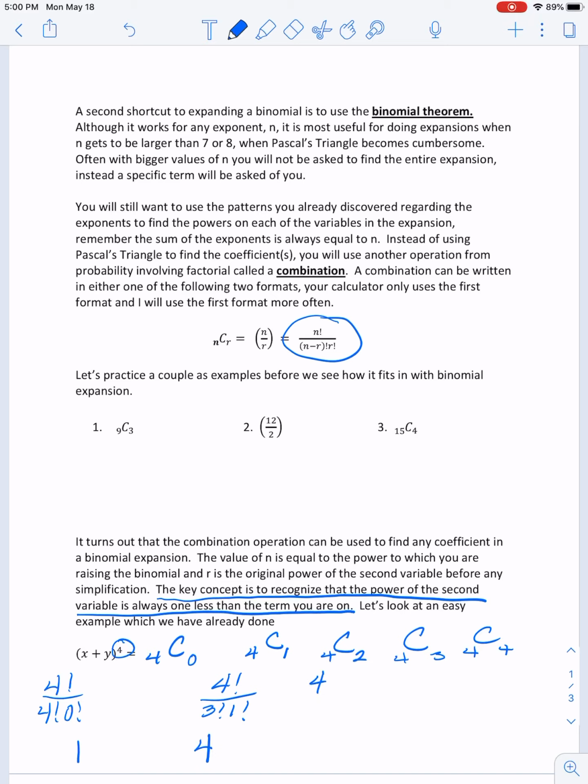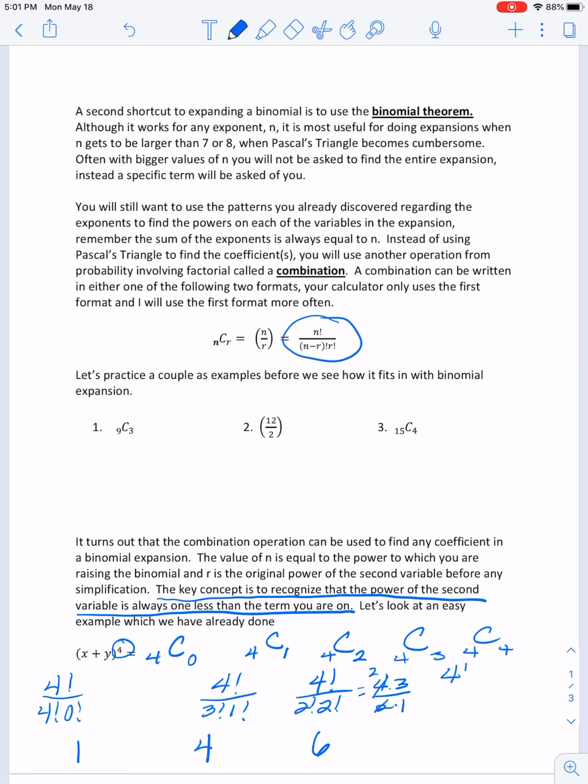4 choose 2 would be 4 factorial over 2 factorial, 2 factorial. A little more work on this one. You could say the 4 and the 2 is 4 times 3 when you cancel out, and you got 2 times 1. And 2 goes into 4, so that's going to be a 6. 4 choose 3. Now here's where you can start to get smart. 4 choose 3 is going to be the exact same as 4 choose 1.